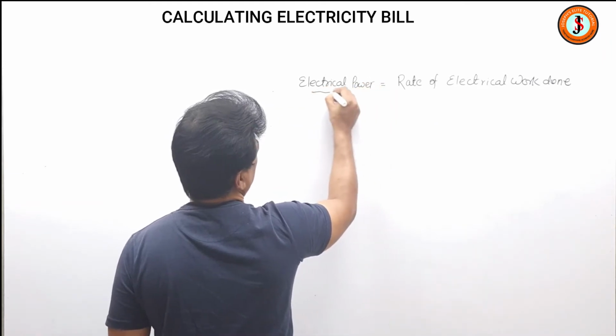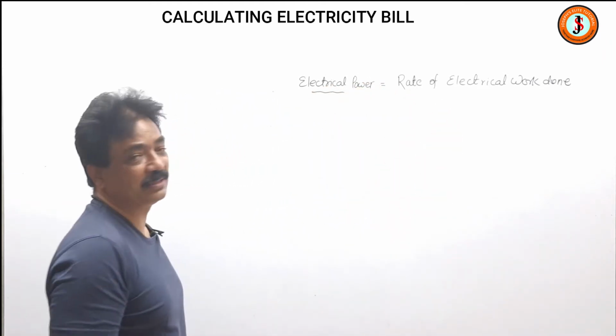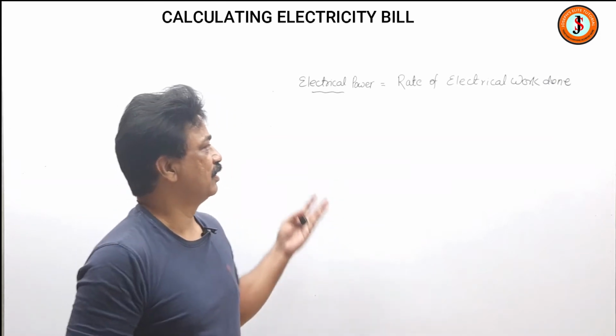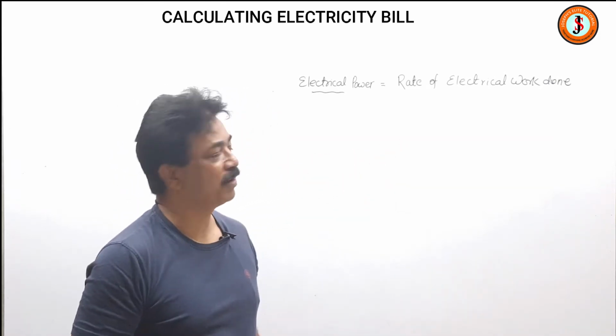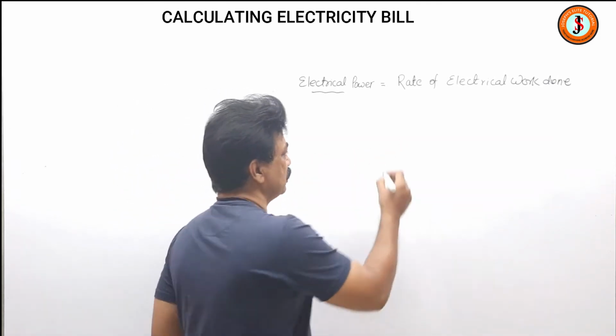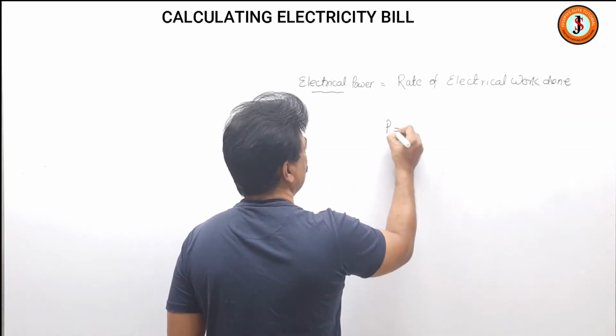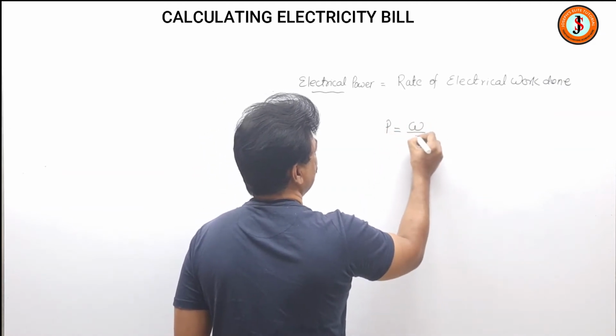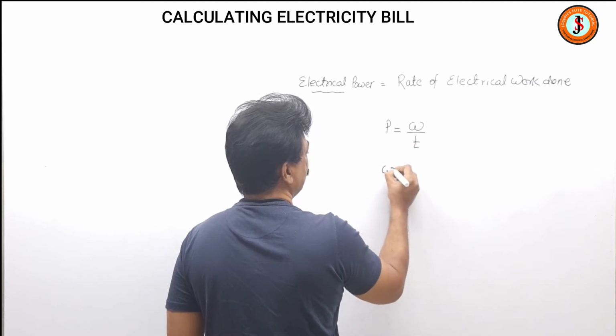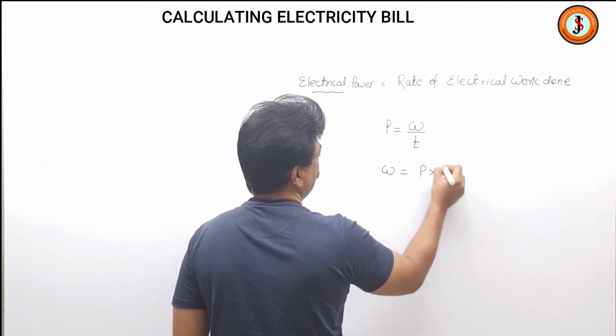This is very simple. I've just added the term electrical over there. We know that rate of work done is what? Power. So power is what? Electrical power. So I put P is equal to electrical work done by time. So electrical work done will be equal to power into time.